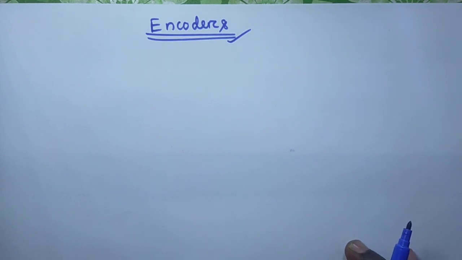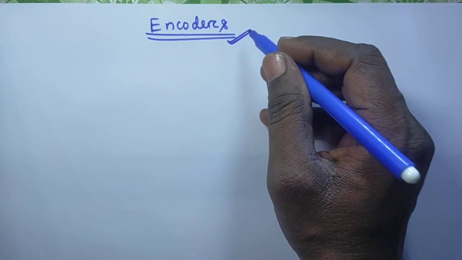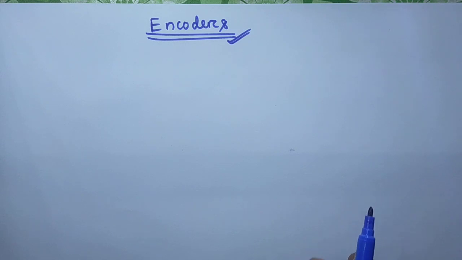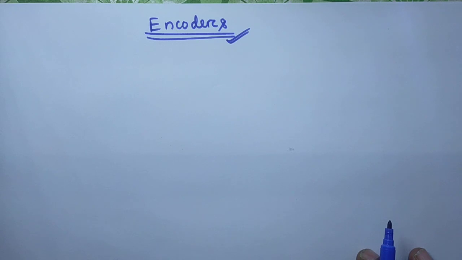We already know that a decoder is a combinational circuit. Similarly, an encoder is also described as a combinational circuit that performs the reverse, or inverse, operation.